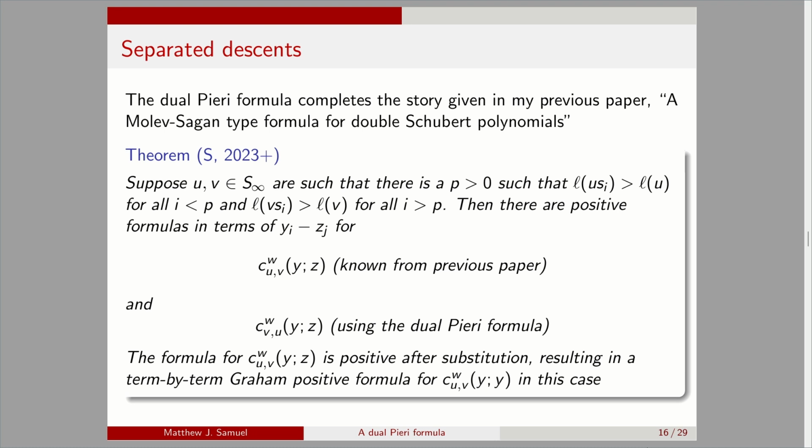Then there are positive formulas in terms of y_i minus z_j for c^w_{u,v}(y,z), which is the main result of the other paper, and c^w_{v,u}(y,z). We flip the lower indices and use the dual Pieri formula to get the opposite product. So now we can multiply any two double Schubert polynomials in different sets of coefficient variables where the permutations have separated descents in any order.